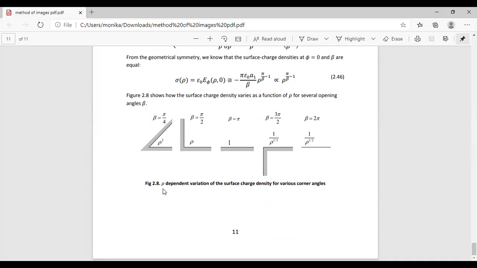Rho-dependent variation of surface charge density for various corner angles. If we have two conducting planes, one here and the second one here, both inclined to each other at beta equals pi by 4, the angle between them is pi by 4, then the charge density will be rho. And if beta equals pi by 2, rho equals 1.